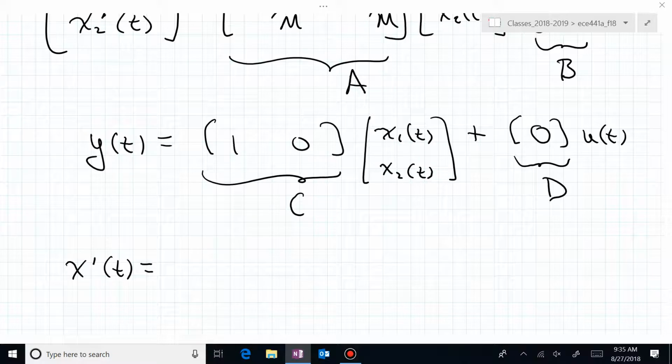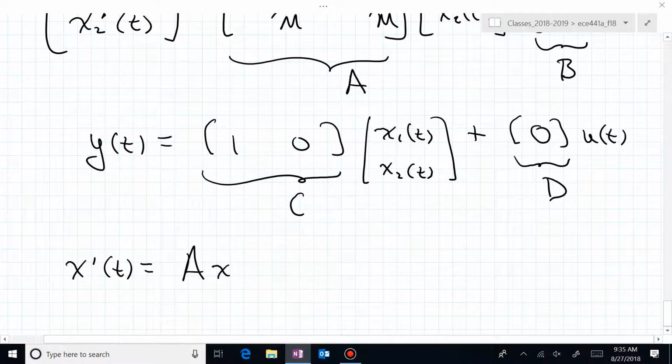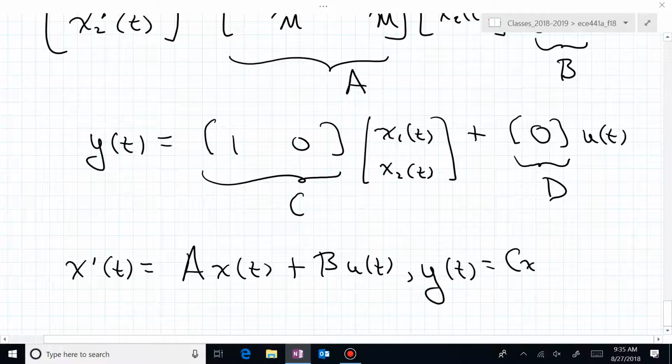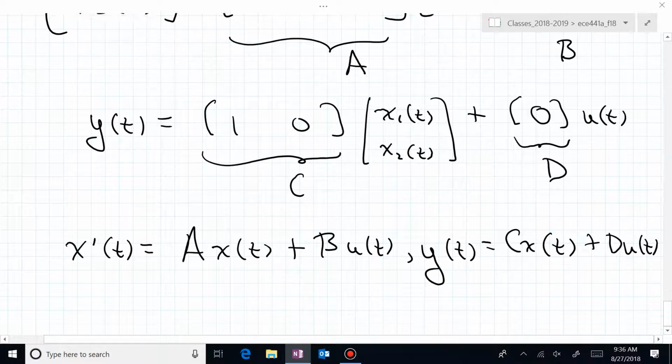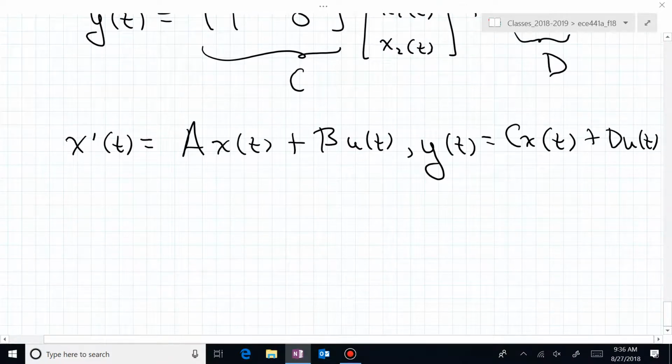But now x prime, which is really x1 prime, x2 prime stacked on top of each other, is Ax plus Bu, and y is Cx, and I could really just quit there, but let me just say plus Du of t. I have the dynamic relationship of my system. That's this x prime equation, and I have the output equation y.